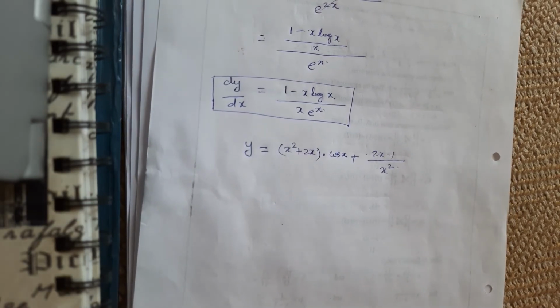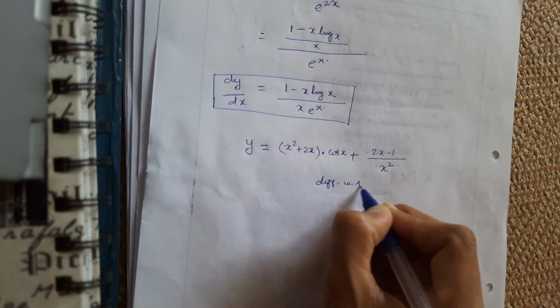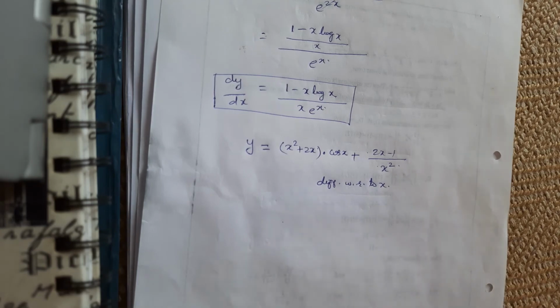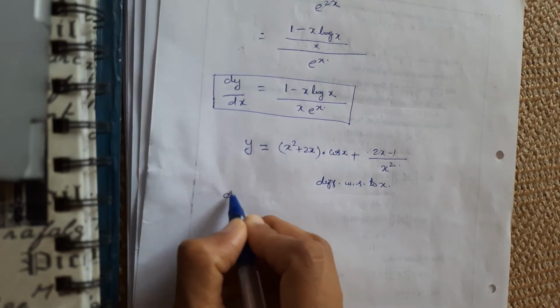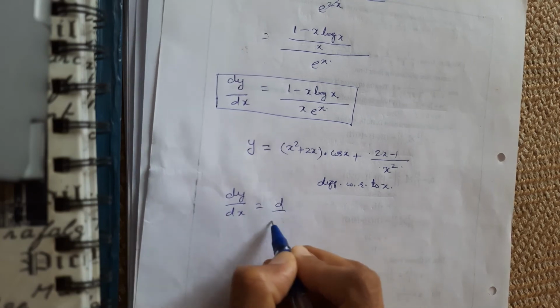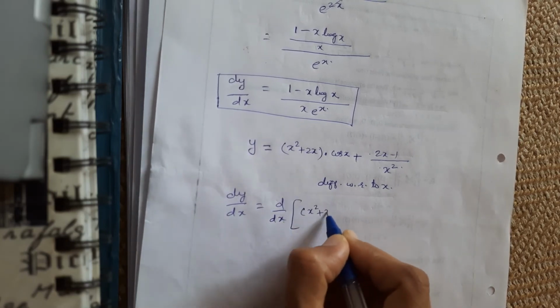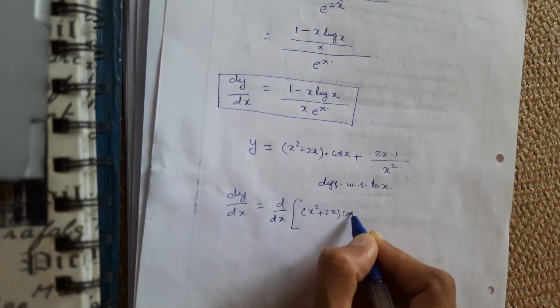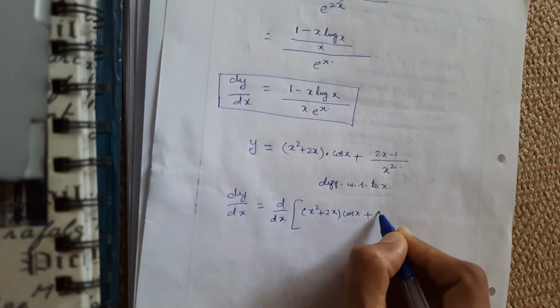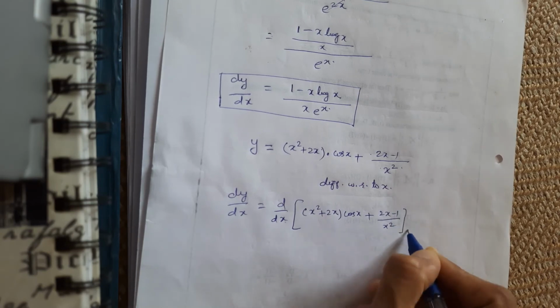Now differentiate with respect to x. What I will get, dy by dx equal to d/dx of x square plus 2x into cos x plus 2x minus 1 upon x square.